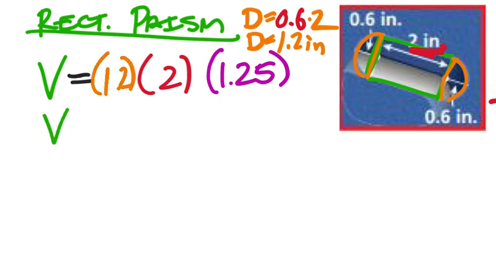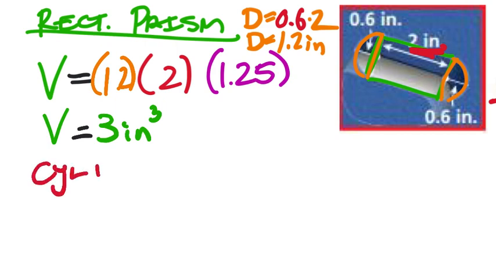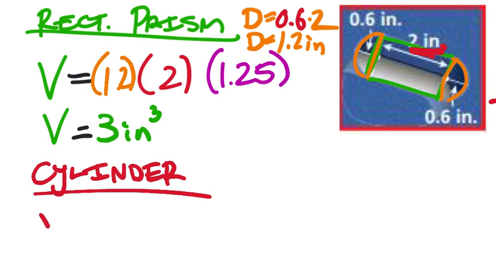And now I'm ready to find the volume of this rectangular prism of the handle. So 1.2 times 2 times 1.25, enter, and I get 3 cubic inches. Now again, that's just the rectangular prism part of the handle. We also have the cylinder. Need the volume of the cylinder.